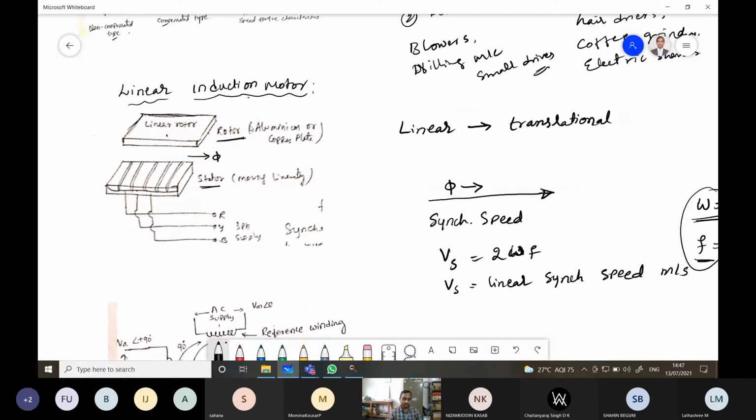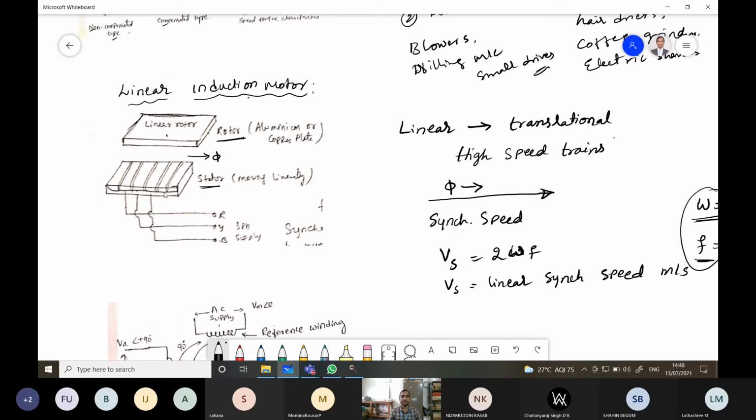An example is high speed trains, that is maglev trains. They work on the principle of magnetic levitation.